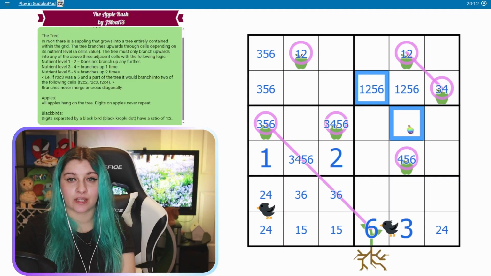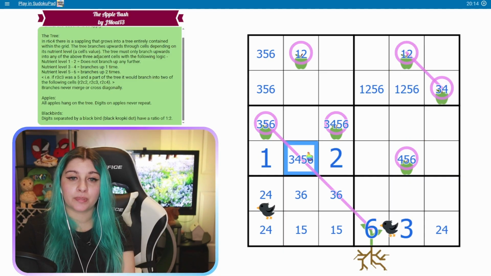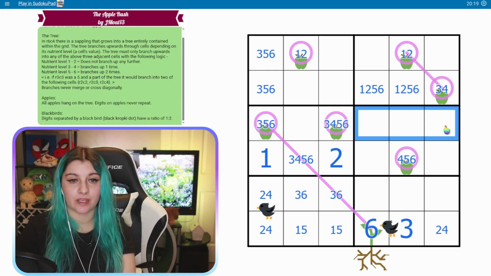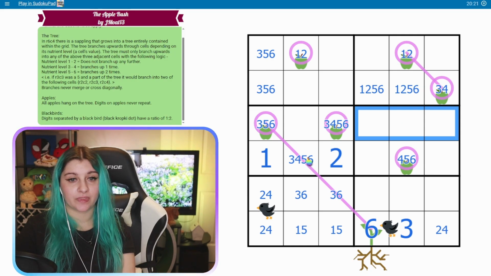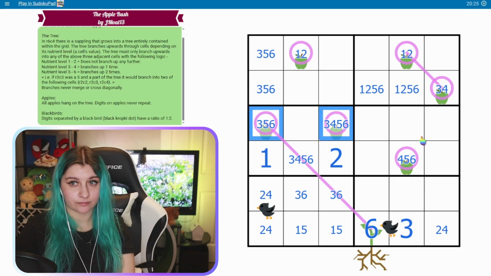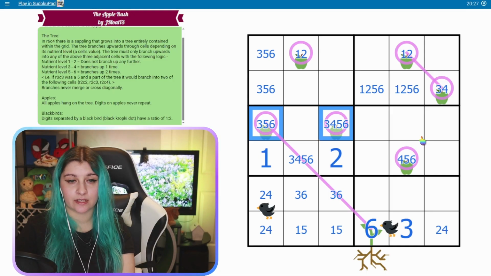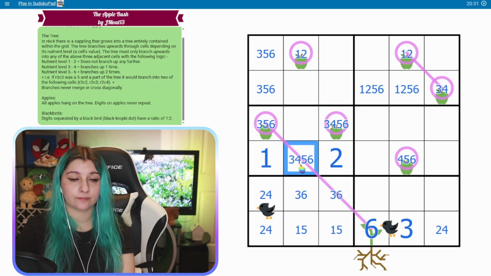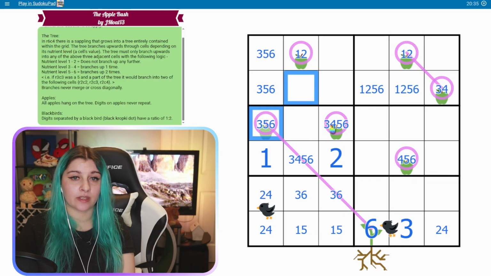Maybe it goes here and like this or something. But this digit is also how many times I'm going to branch up from here. Is there something I can work out here? If this is a 5 or a 6, this would have to be a 3, 4. I don't want 2, 5, 6s. If this is a 3 or a 4, then one of these would be a 5, 6 going up twice.